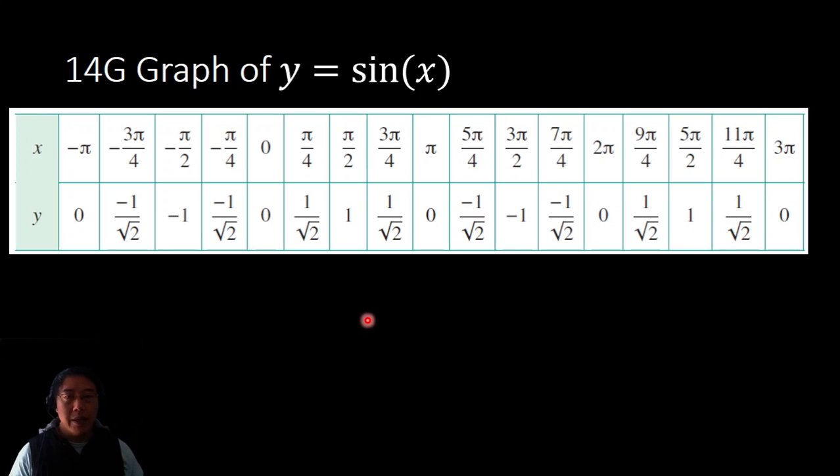Let's look at the graph of sine. So for any type of function, when you want to graph the curve, the approach will be exactly the same every time. You come up with a list of x values across your x-axis with a constant interval.